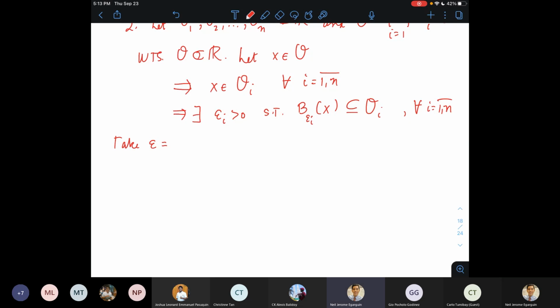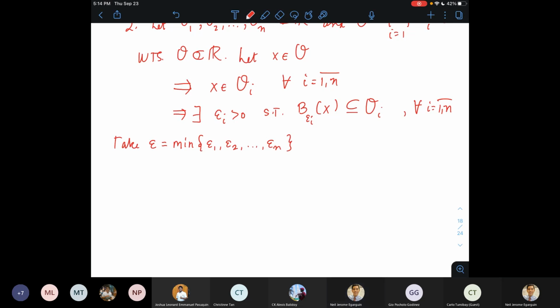So any suggestion for the choice of epsilon? Okay, it's fine kung hindi nyo maisip right now. Pero I hope you will agree na pwede kong i-take si epsilon to be the minimum ng epsilon 1, epsilon 2, hanggang epsilon n. Piliin ko yung pinakamaliit sa kanila.